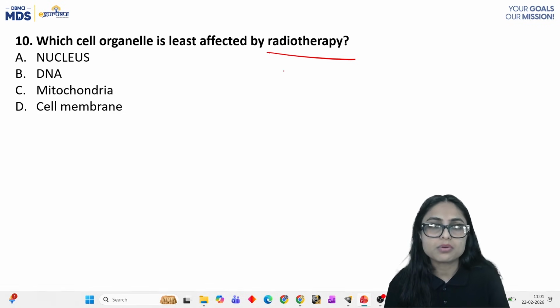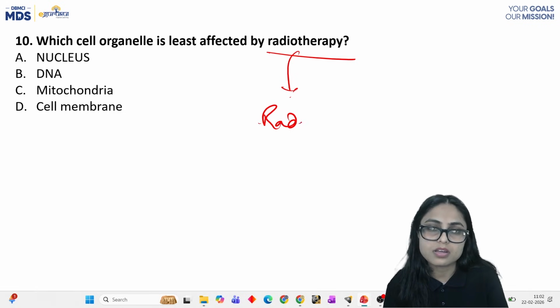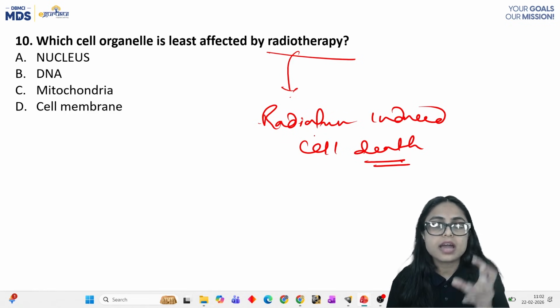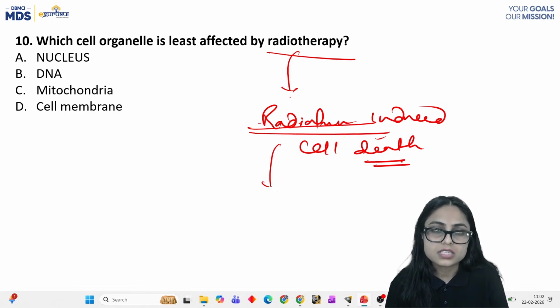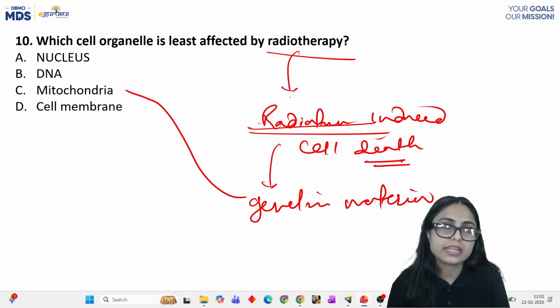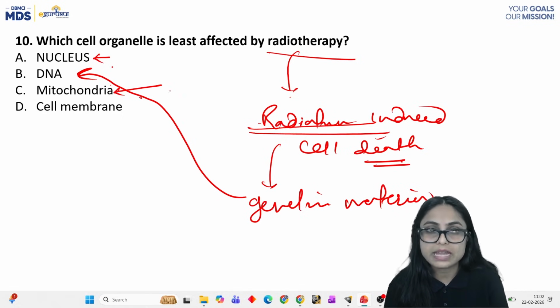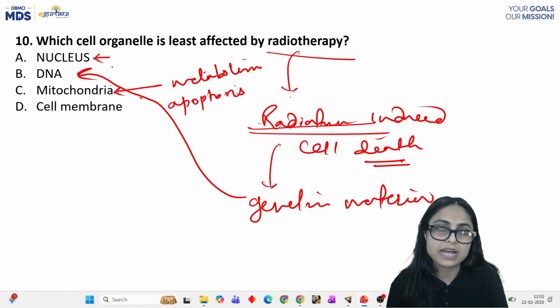If we talk about radiotherapy, it can cause radiation-induced cell death. The main target of this radiation is the genetic material, which is DNA, inside the nucleus. So the nucleus is also affected, of course. When it affects mitochondria, it disrupts cellular metabolism and the apoptosis pathway.